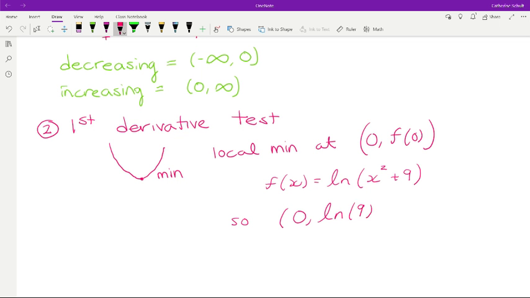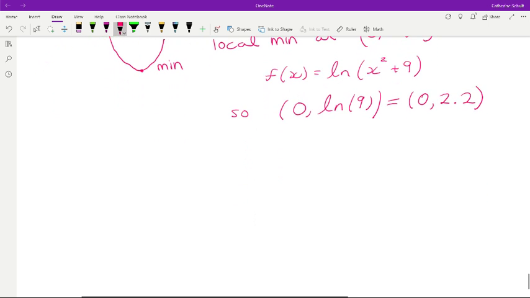That's a calculator part, because I don't know how to graph the natural log of 9. So I went to my calculator, and I saw that the natural log of 9 was about 2.2. I'm not going to get too accurate because I'm grading with my own tick mark system. But you can get as accurate as you want depending on your scale. I'm just going to go to the nearest tenth.